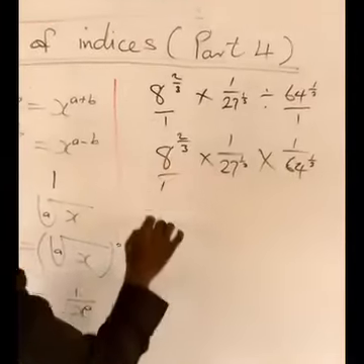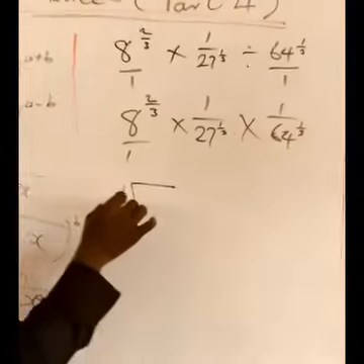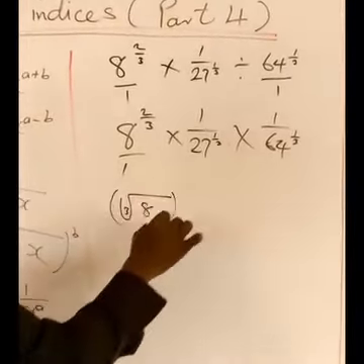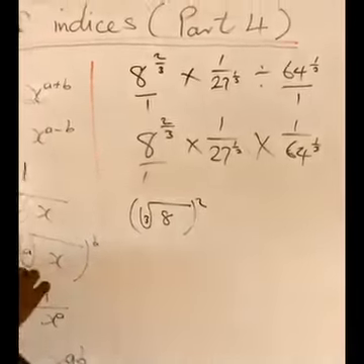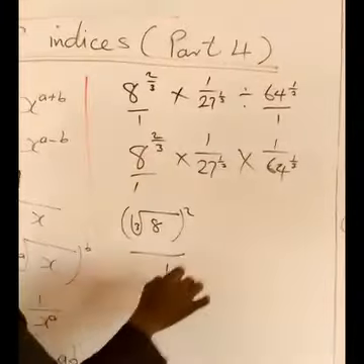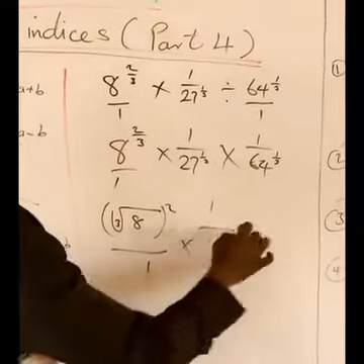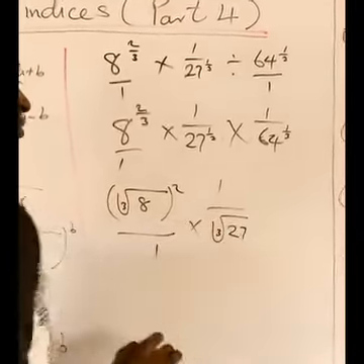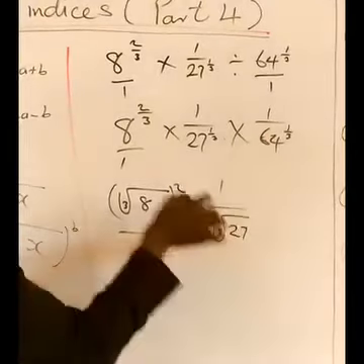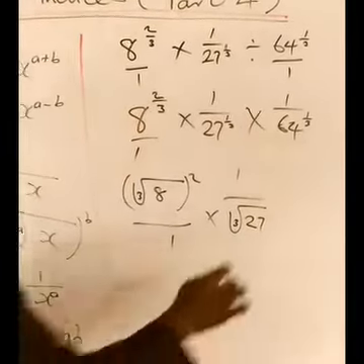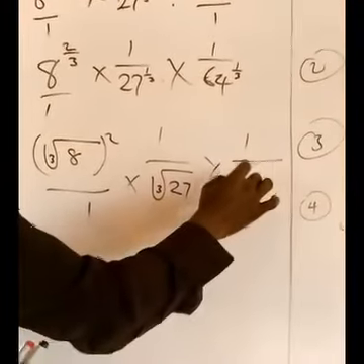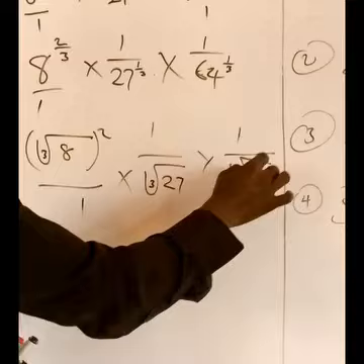We can have it as cube root this time around, cube root of 8 raised to power 2 over 1 times 1 over cube root of 27. We will not say raised to power 1 because it's going to be the same thing, times 1 over cube root again of 64.